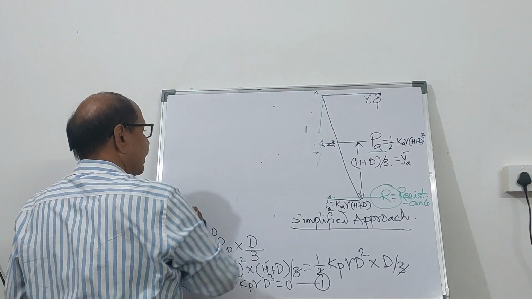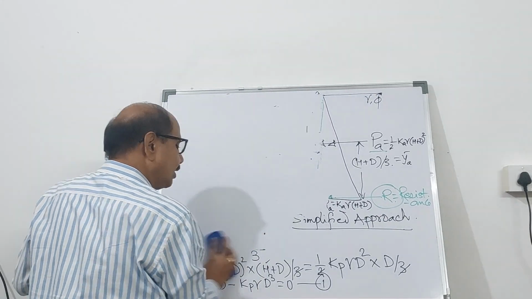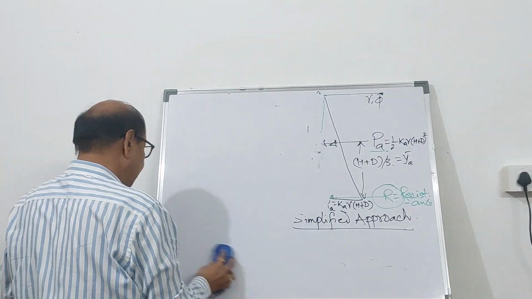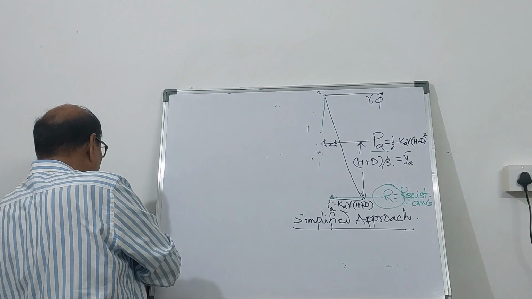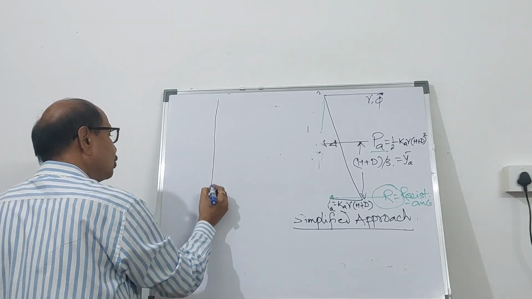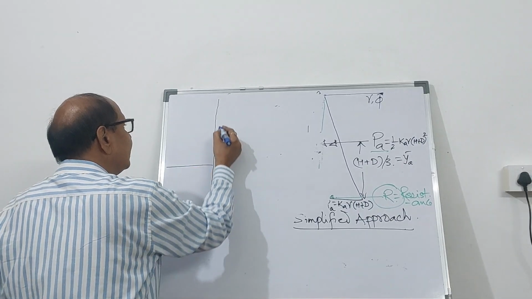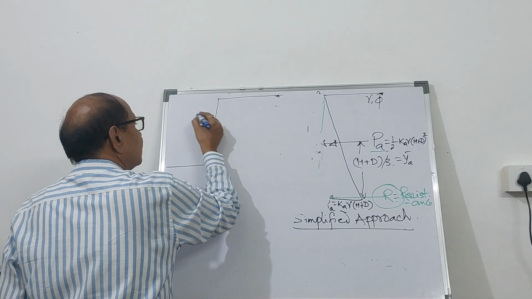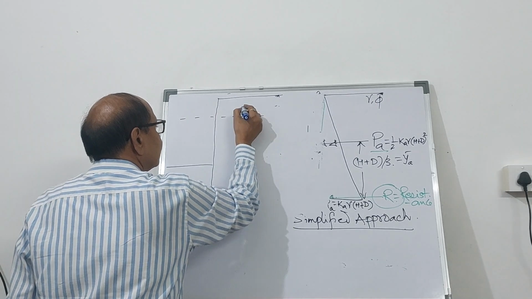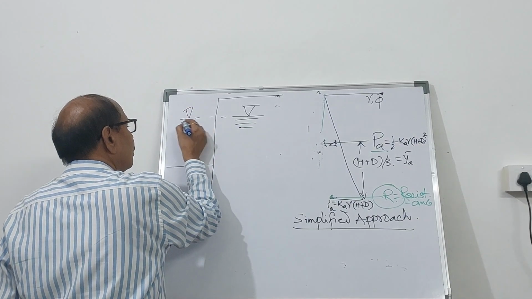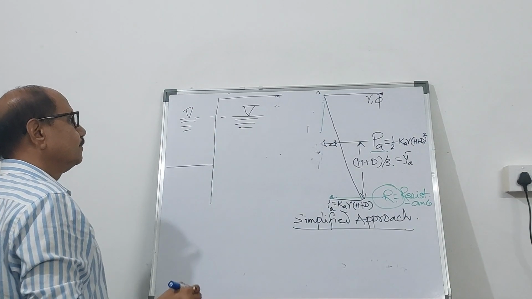There could be water table on both the sides of the sheet pile, so that you will have to take into consideration. Let's say this is the sheet pile, this is the dredge line, this is the backfill, and the water table is something like this, the water table on both the sides.